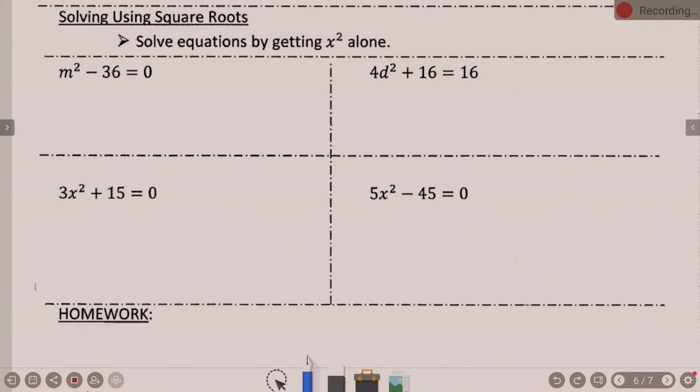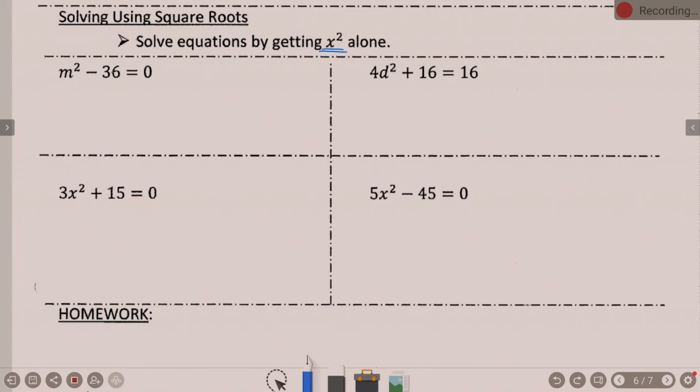All the equations we're looking at when we're graphing today and when we're solving like this are ones where there is only an x squared, there is no x term. So good news is it makes it a little bit easier. So if we want to solve by getting x squared alone, or m, or d, or whatever letter it is, right? Okay, so let's look at that first one.